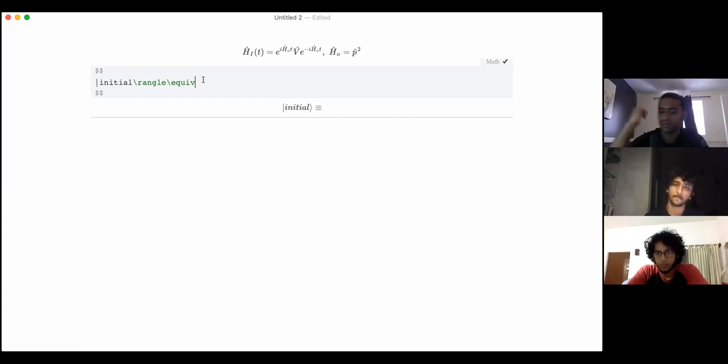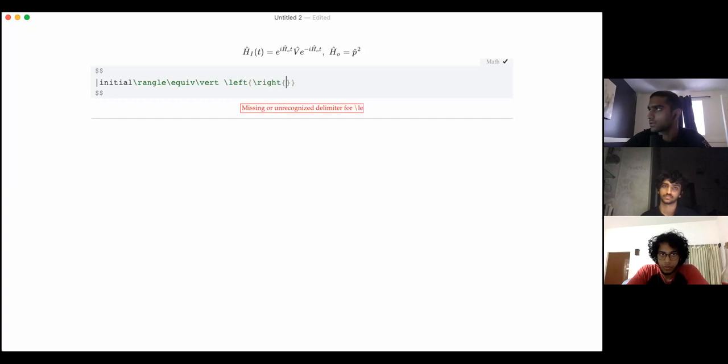So if I take this state, which is some momentum, there's some set of momenta, some number of particles, and it's at time 0.